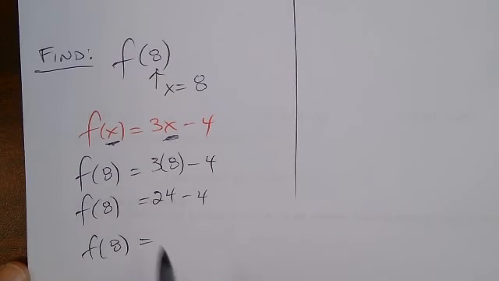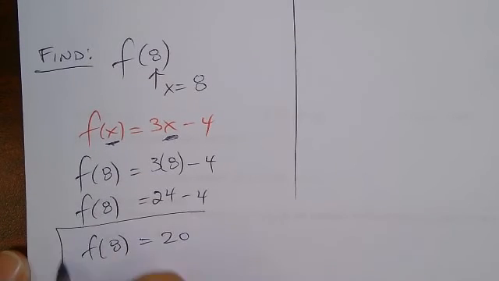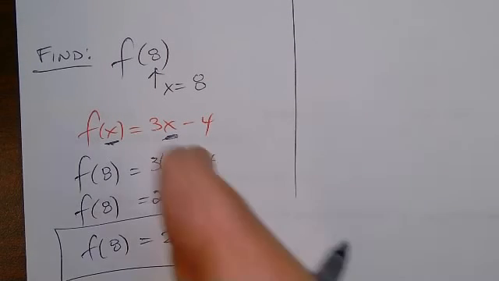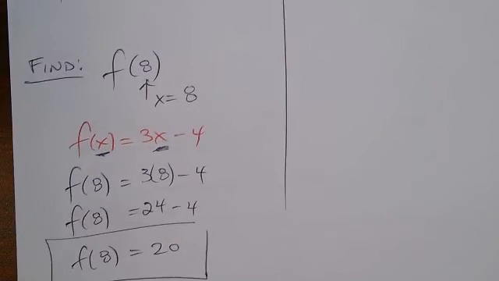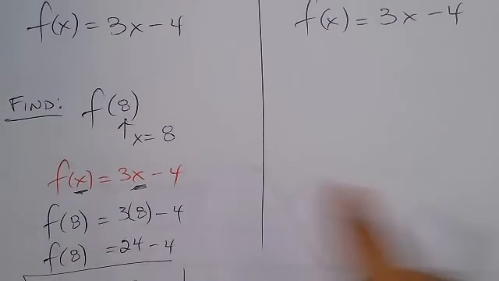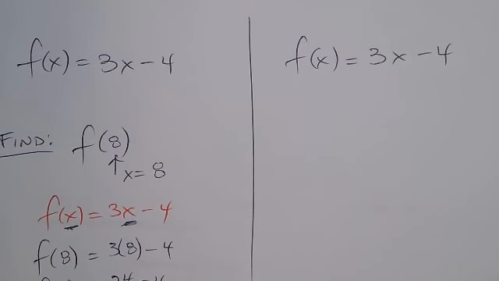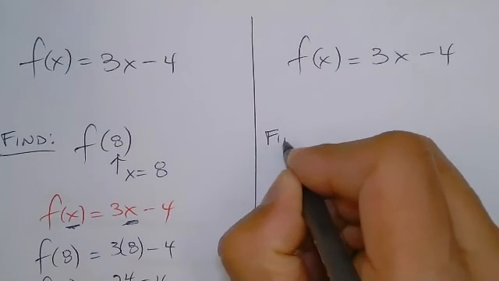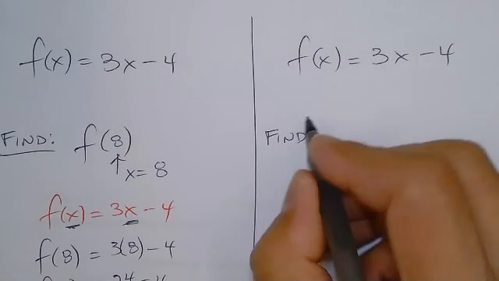Remember that? Because 24 take away 4 is equal to f of 8. So when you substitute an 8 in the function, it gives you the answer 20. We got that? That's not the ones you're going to have on today's assignment. That was the ones on yesterday's assignment. You're going to have them like this.